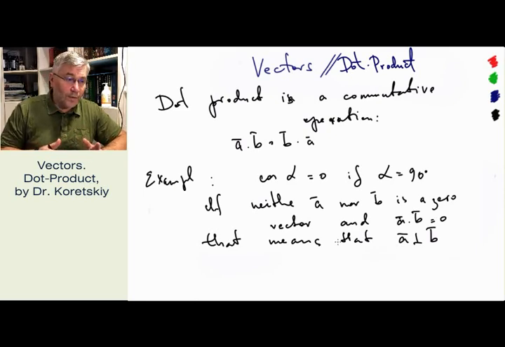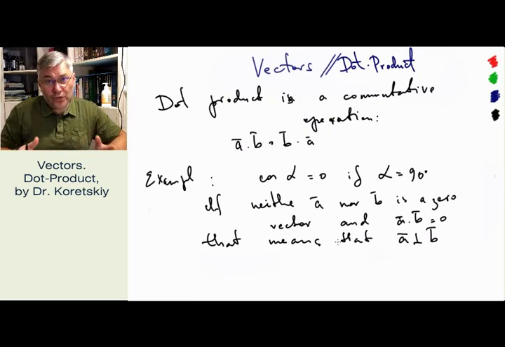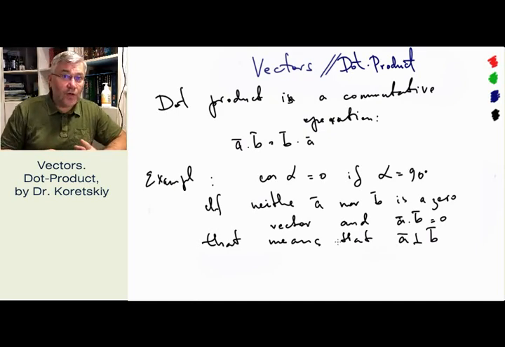The only way here, the easiest way, is to calculate the dot product. And if the dot product gives you 0, it means that these two vectors are perpendicular.